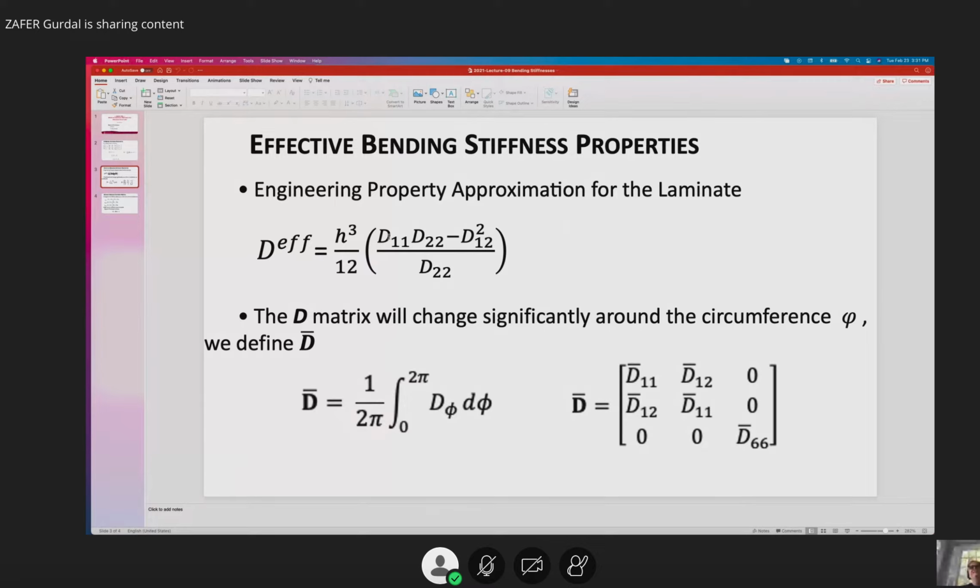Instead of A11, A22, A12 squared divided by A22, it would be D, with h cubed over 12 in front for the effective, but we're not going to really use this. We're going to do something a little bit more interesting than that.